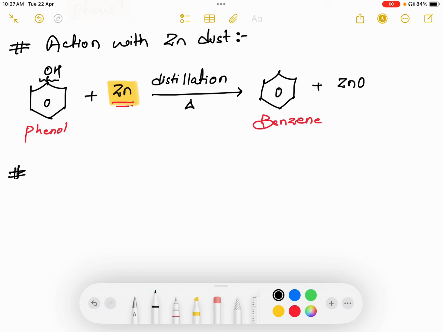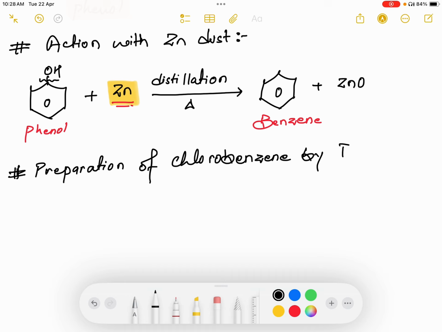preparation of chlorobenzene by Dows process.